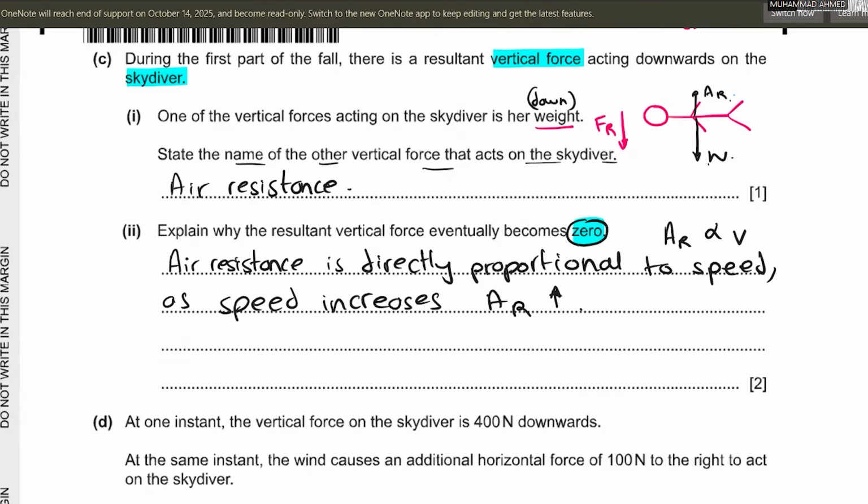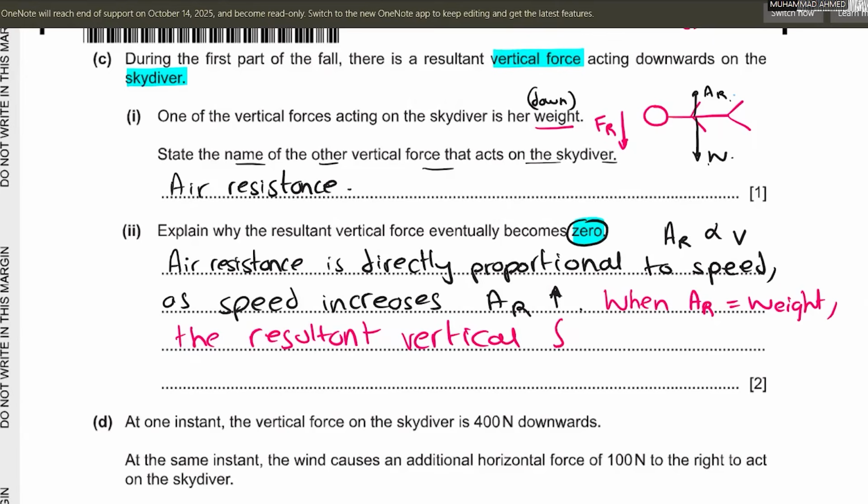Okay. When air resistance AR is equal to weight, the resultant vertical force becomes zero. The resultant vertical force becomes zero.